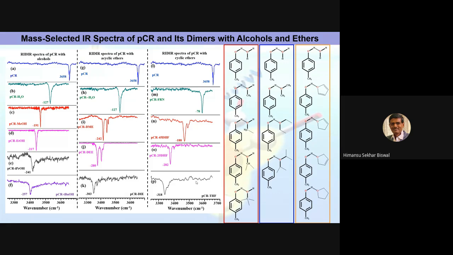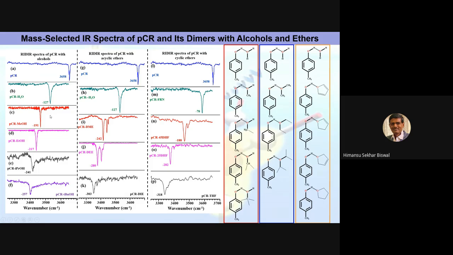As I said, that is the plus I effect group. We started with water, then we substituted the methyl, and going from water it is 127 wave numbers red shifted. Going from water to methanol, it is 191 red shifted. What does it mean? Methanol oxygen forms a stronger hydrogen bond than the water oxygen.